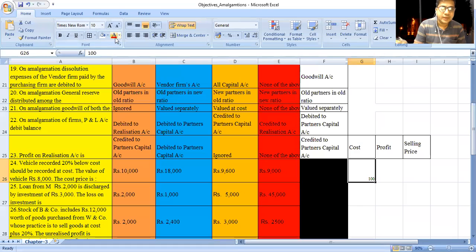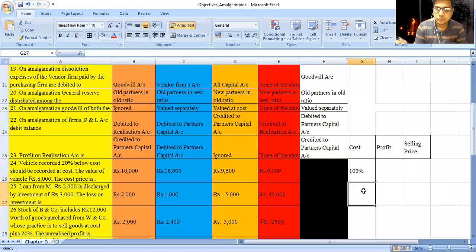As per the assumption, cost is 100%. Now this says that the vehicle is recorded 20% below cost, and this says that the value is 8,000.